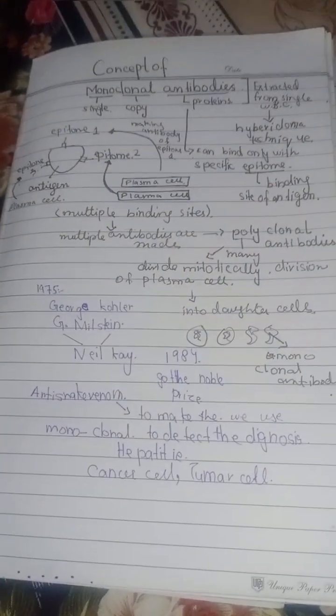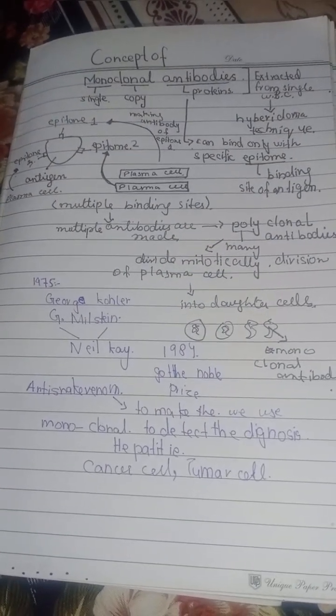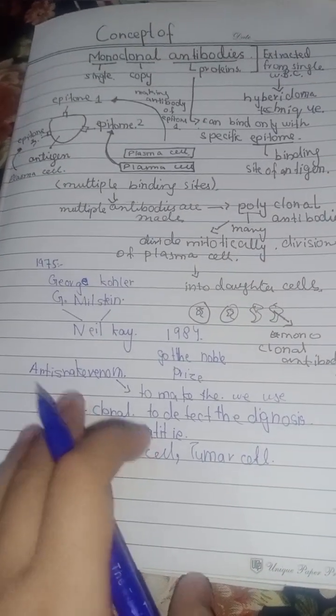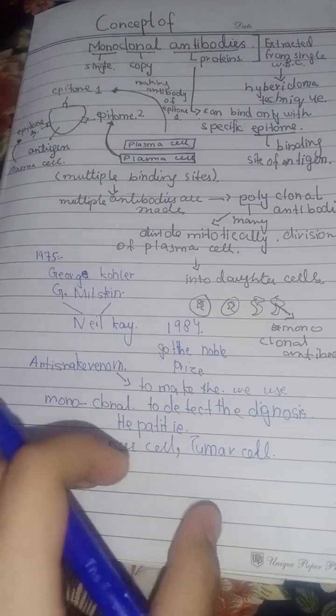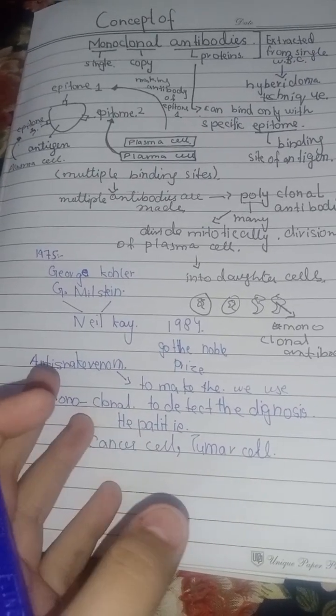Now let me tell you about the process of monoclonal antibodies, how these antibodies are formed artificially. Here we are going to discuss the mechanism of production of monoclonal antibodies.